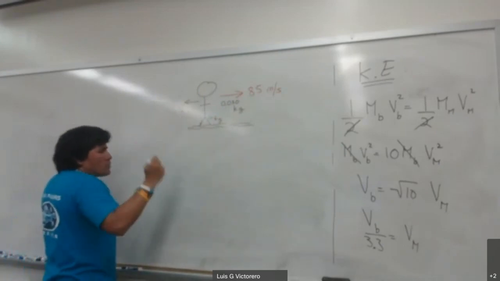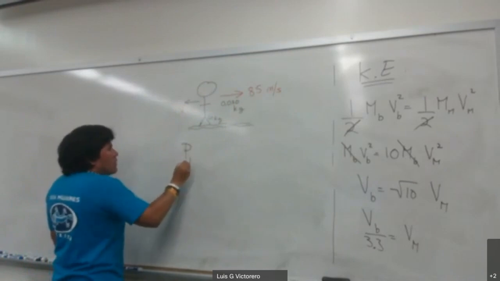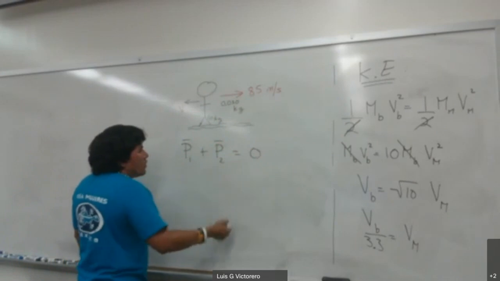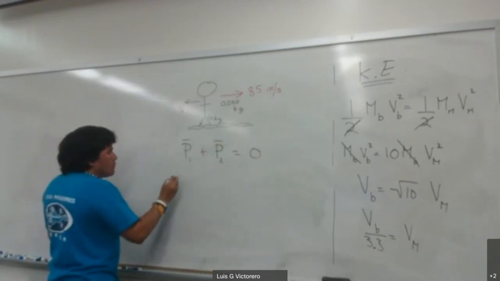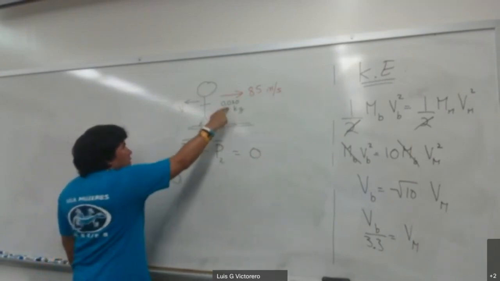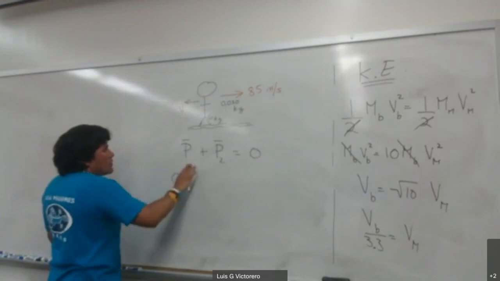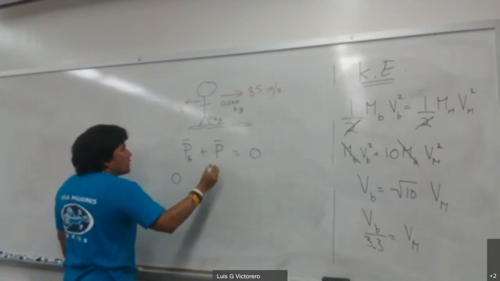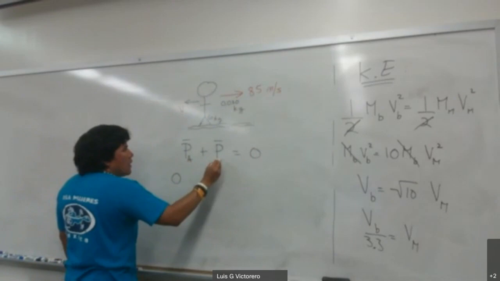So, two ways of doing this. P1 plus P2 equals 0. If I do it in vector form, let's say the arrow and the person.